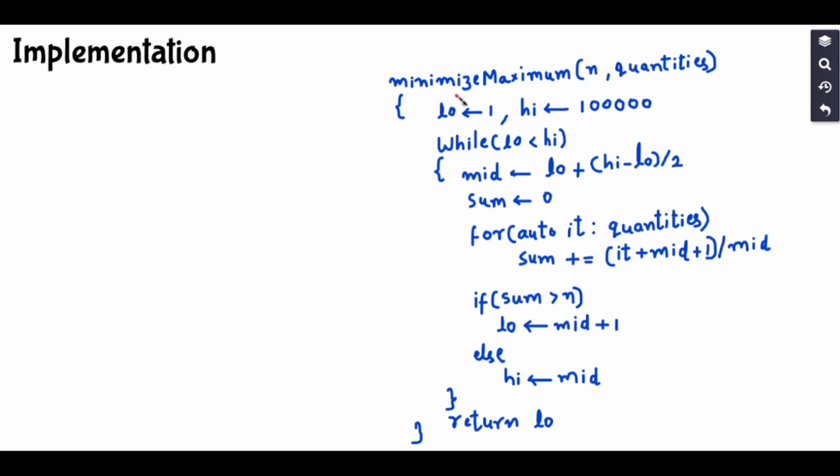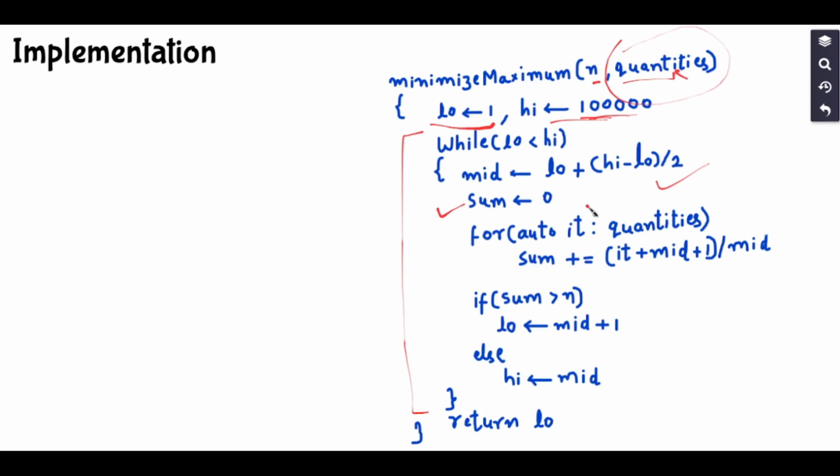The minimize maximum function takes in the quantities and the number of shops. This represents the quantities of the products of each type. Initialize a range, low to 1, high to a very large number, 10 raised to the power 5. This can also be replaced by the maximum element present in this quantities array. Run the usual binary search. Find the middle element.